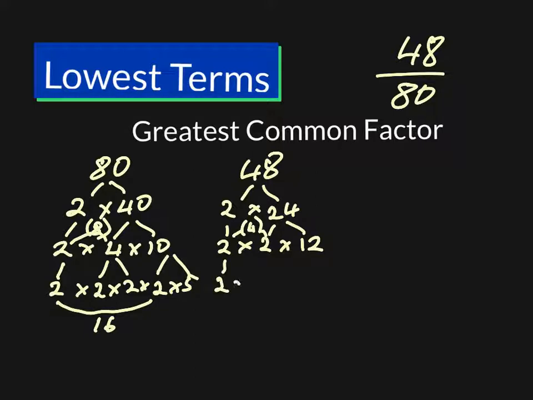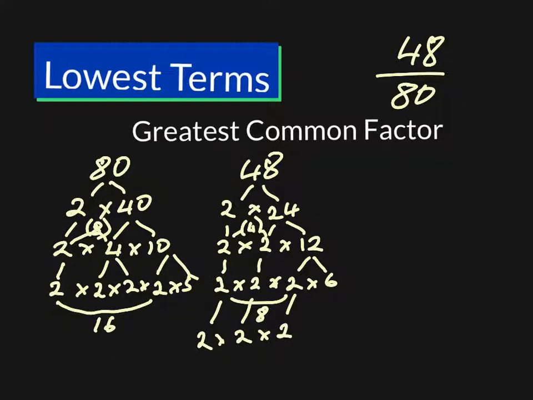So I've got 2 times 2. Those don't go any smaller. But 12 does. 12 could be 2 times 6. Okay, and I've got 2 times 2 times 2, which is 8. So that's another factor. Now let's see if these will factor more. So I've got 2 times 2 times 2.